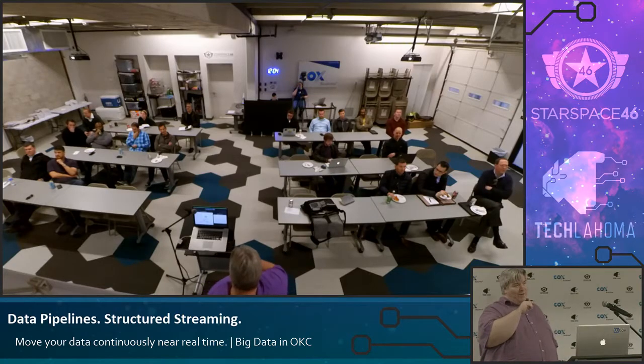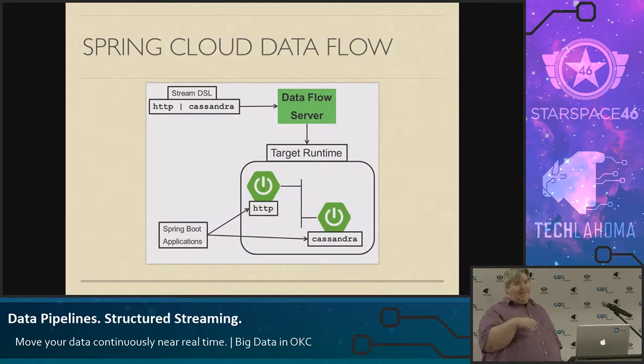It's a really powerful tool in the Java community. It's really hard to find anyone writing Java code today that's not using Spring Boot or Spring in some way, unless you're using Spark, because Spark and Spring don't get along. But what Spring Cloud Data Flow gives you is a data flow server, which manages data flowing through a series of Spring Boot applications.